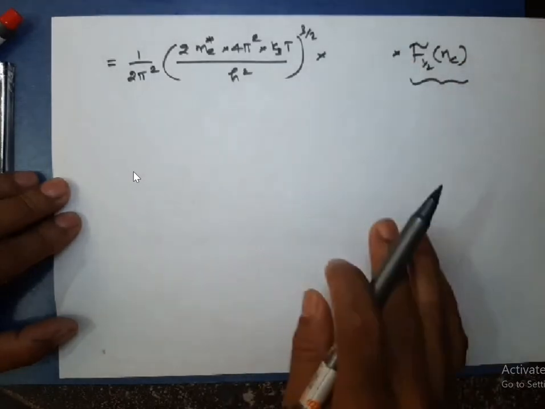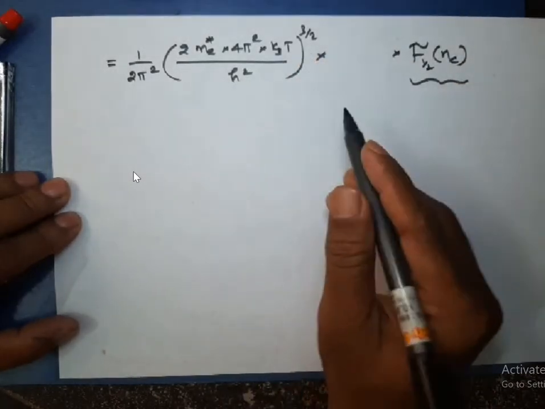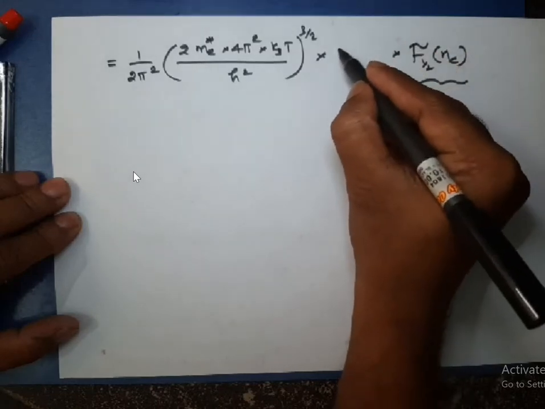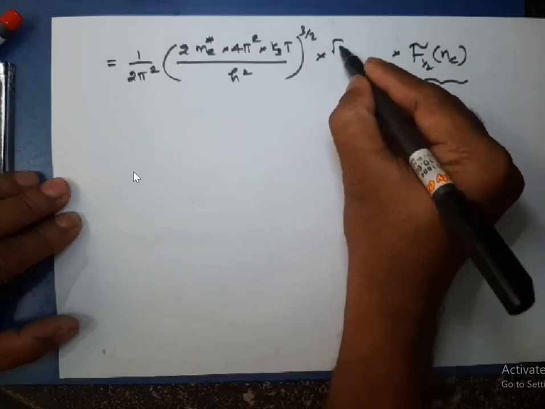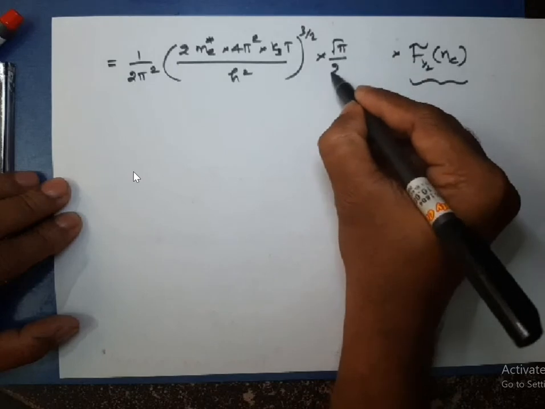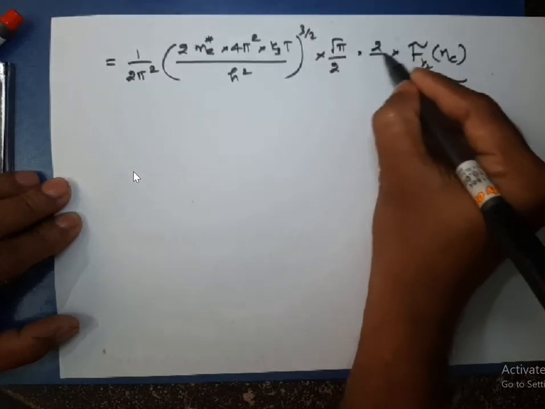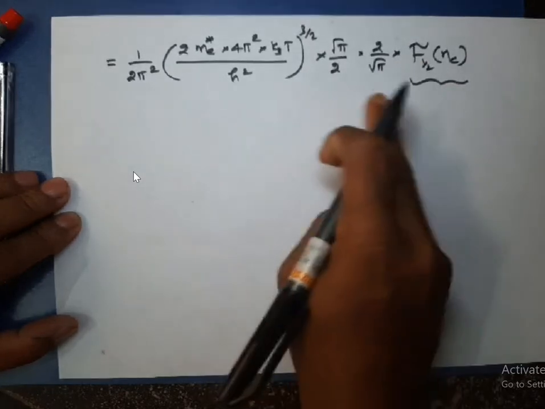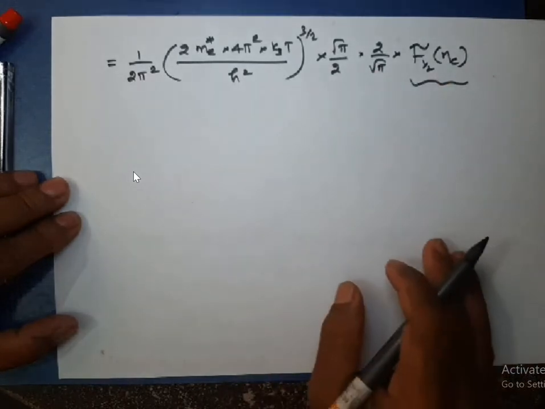Now I'll make a small manipulation here. I'll multiply by root pi by 2 and 2 by root pi. If I do that, nothing is going to change, right?